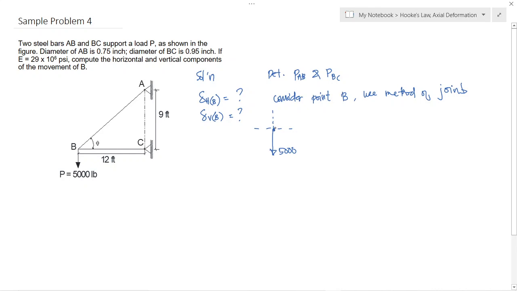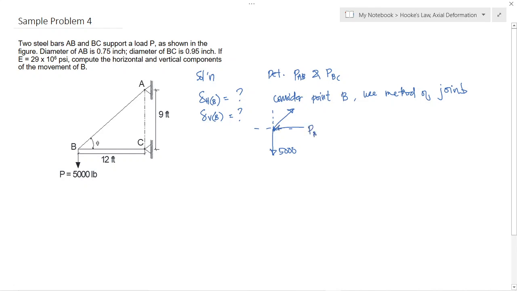As I have said earlier, by observation, I assume AB is in tension because that is what I observed. It is close to the truth, and you will realize at the end of your computation of the values of AB and BC whether our assumption is correct. First, I assumed that AB is in tension. Next, I assumed that BC is in compression.